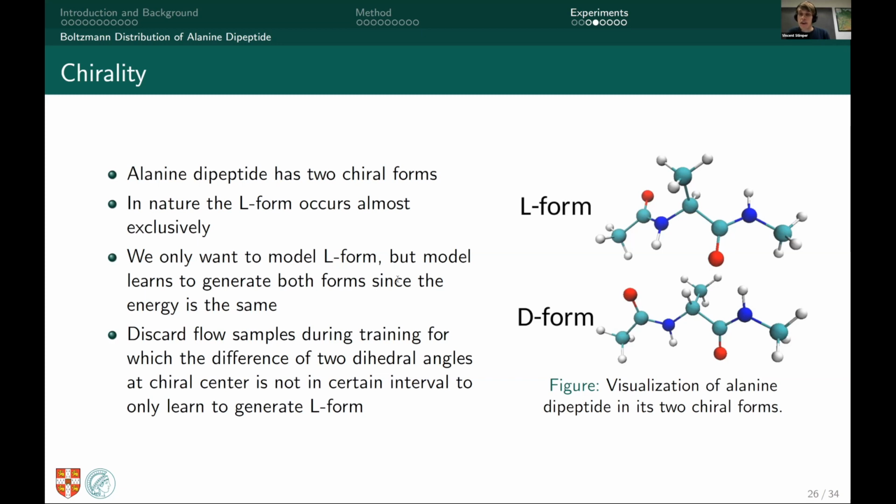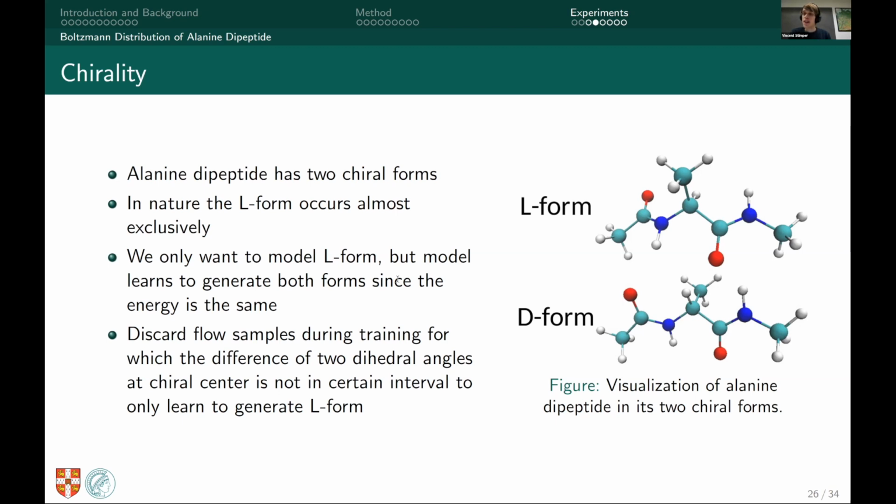Of course, there are other ways to do this. You could also try to explicitly restrict your coordinates in such a way that only the L form can occur. This is how we did it. I wanted to mention this because it's an interesting problem which doesn't occur in previous Boltzmann generator papers, because if you have samples, then all the samples will come from one of the two chiral forms, only the L form in this case.